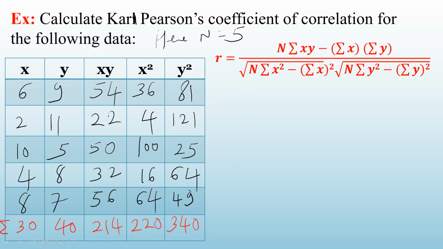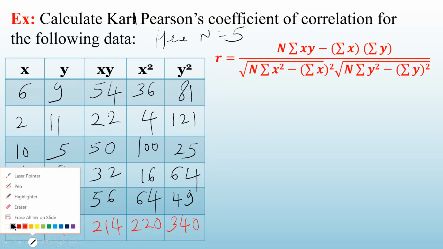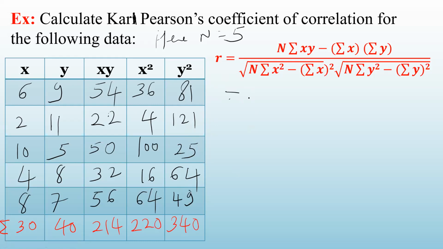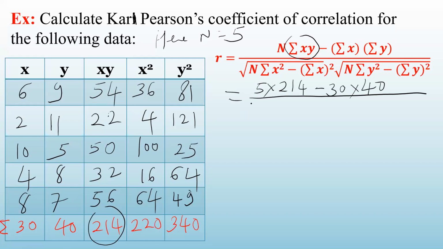Now what we have to do, just put all the values in the formula. Capital N, as we know, is 5. So 5 into summation of x into y. See this summation of x into y, this is here 240. 240 minus summation of x, which is 30, into summation of y, which is 40, divided by square root of capital N, which is 5, into summation of x square, see, this is summation of x square, so 5 into 220 minus summation of x whole square.